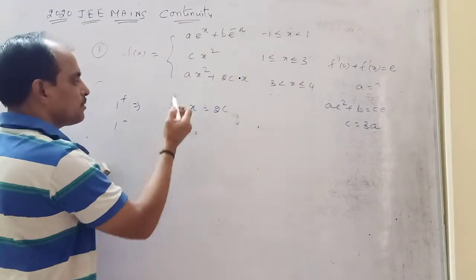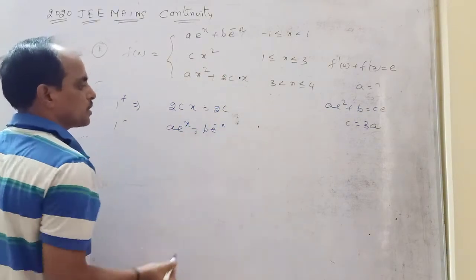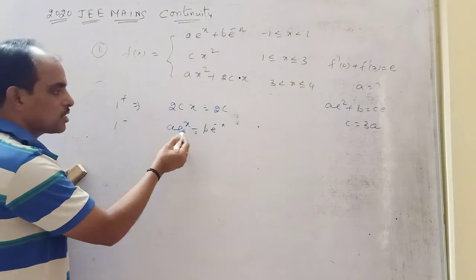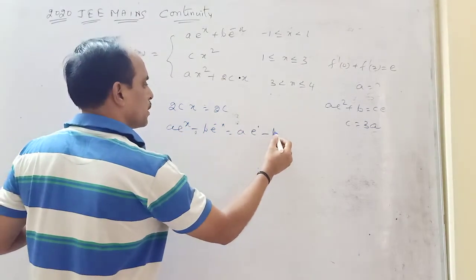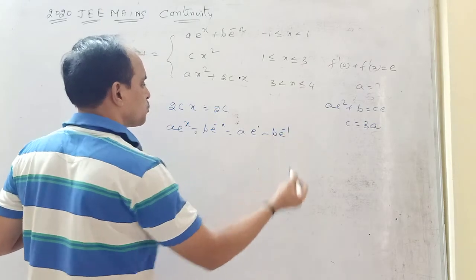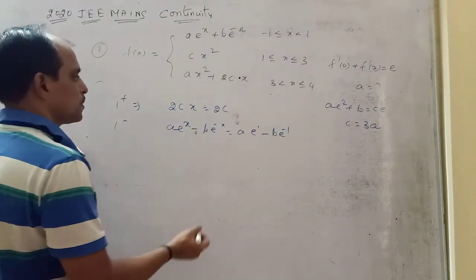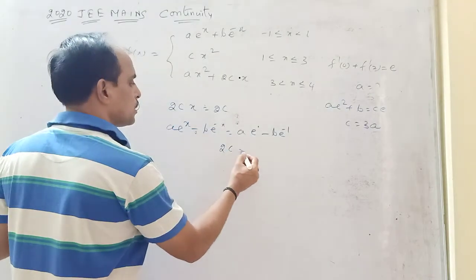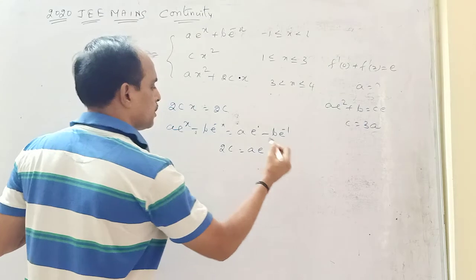What about its derivative? A e power x minus b e power minus x. While substituting x is equal to 1, you will get a e minus b e power minus 1. So we have 2c is equal to ae minus b by e.